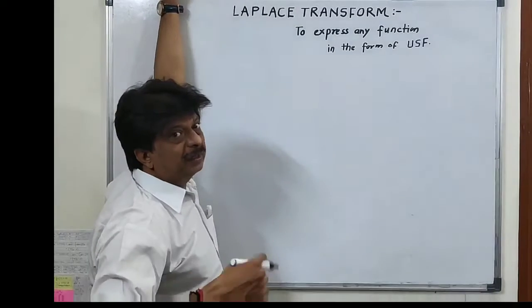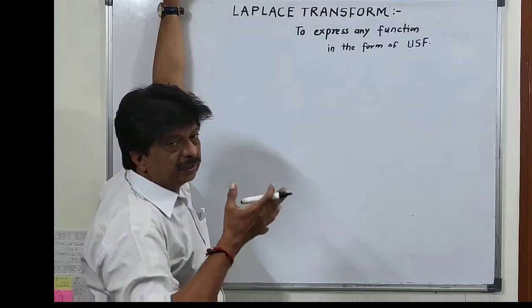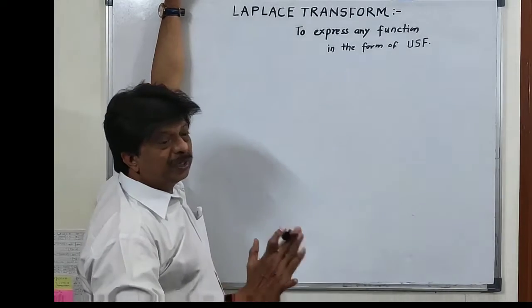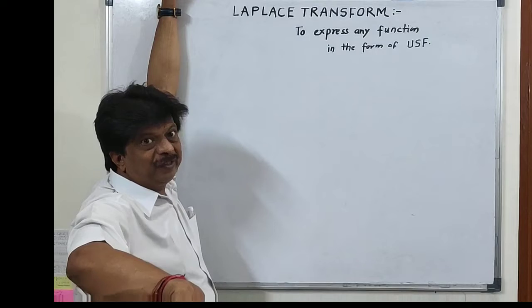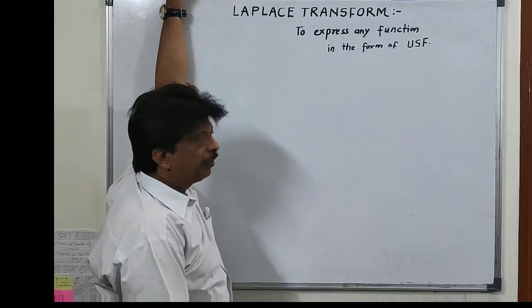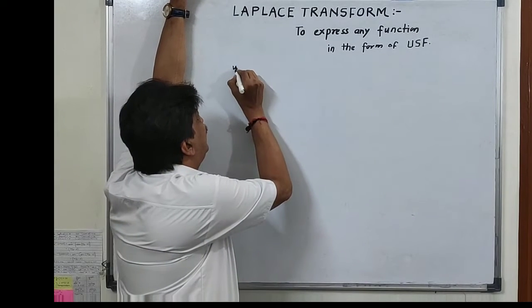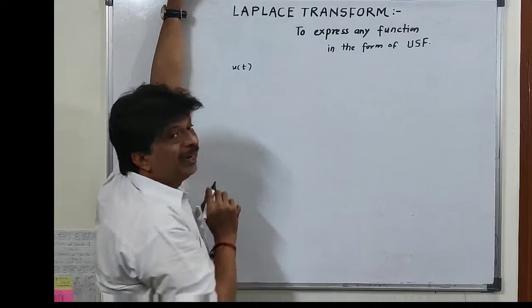Let us quickly take a recap of all these three functions: unit step function, delayed unit step function, and the rectangular wave function. U of t is called the unit step function.